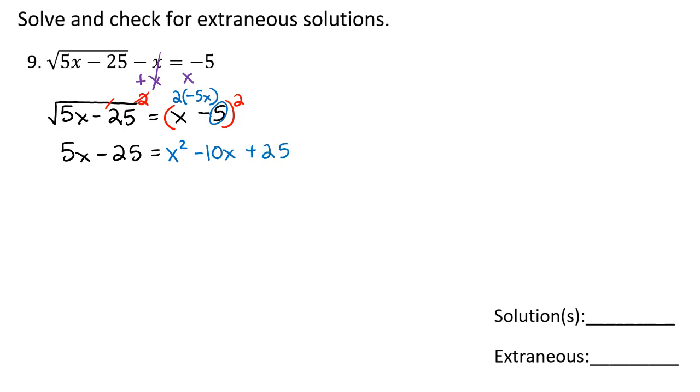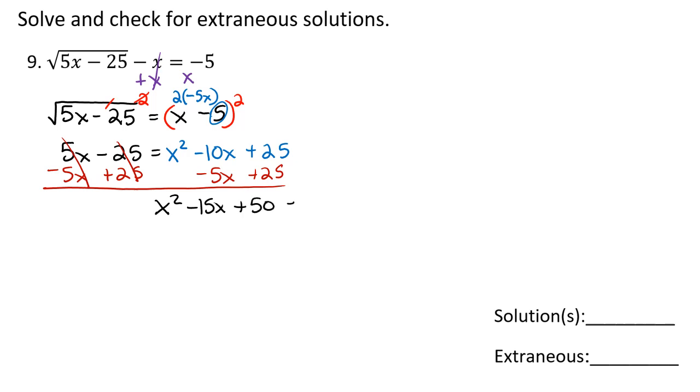Now I notice that I have an x squared and an x, so I need to move everything to the same side. I'm going to minus the 5x over. I'm going to add the 25 over. These are going to cancel out. I'm going to have x squared minus 15x plus 50 equals 0. And now I want to factor that.